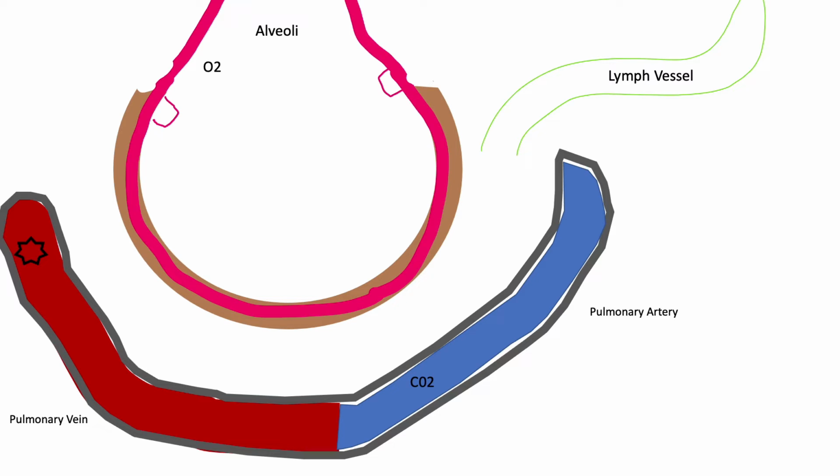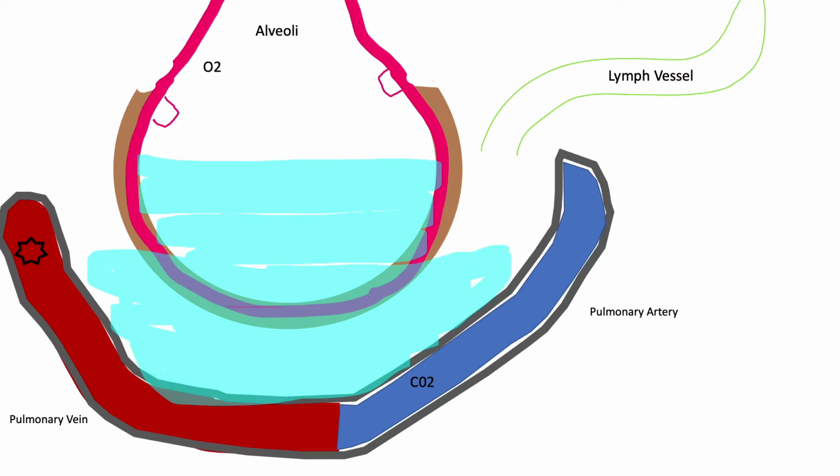This VQ mismatch is a low ventilation VQ mismatch, meaning we're not ventilating the alveoli and we can't get oxygen into the blood. Our perfusion is okay, but our ventilation is the problem, a low VQ mismatch, which we can also refer to in this circumstance as a shunt.